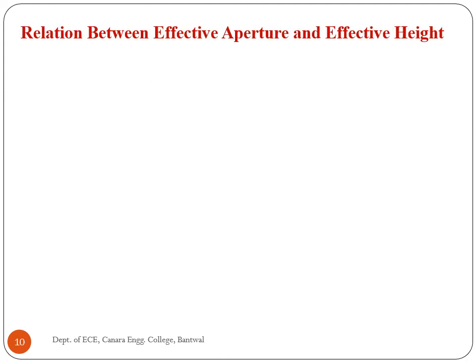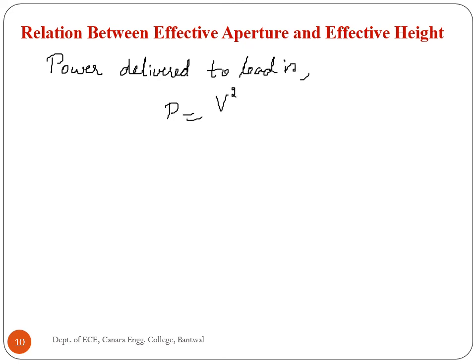Relation between effective aperture and effective height. For an antenna of radiation resistance matched to load, the power delivered to load is P equal to V square divided by 4 RR.